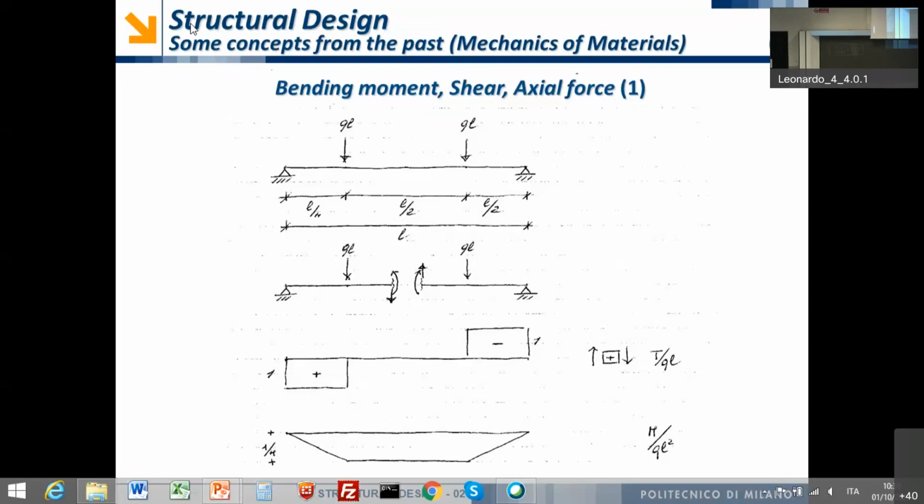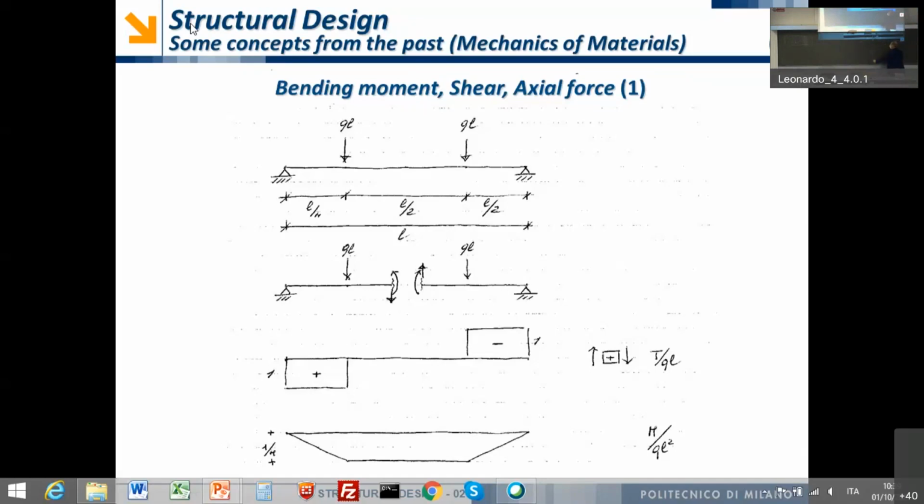You know that if we have a beam under some forces, I can take a piece of structure inside the beam. The length of this piece of structure is dx.